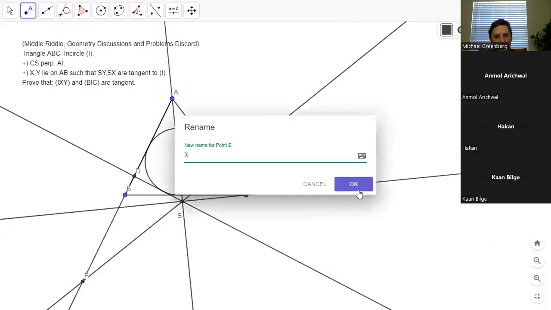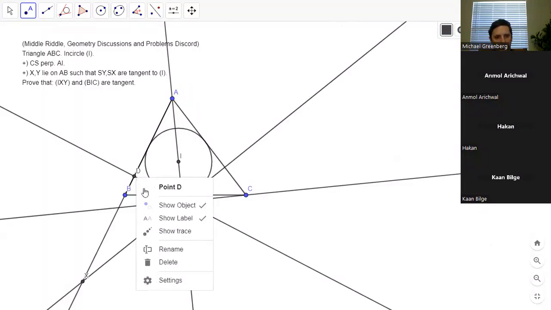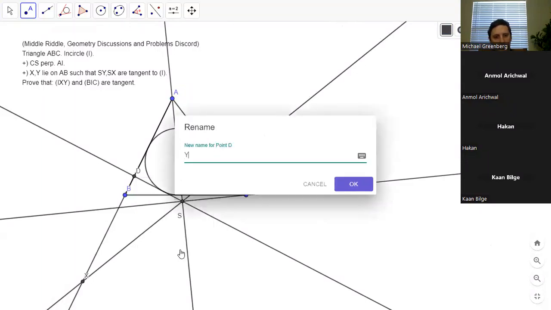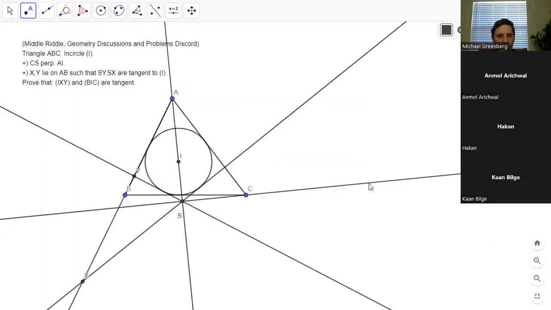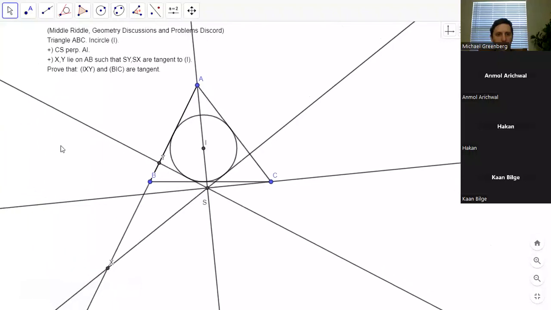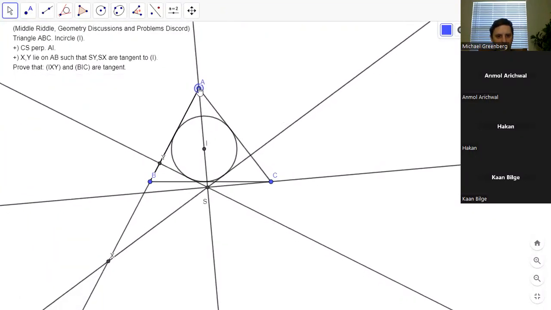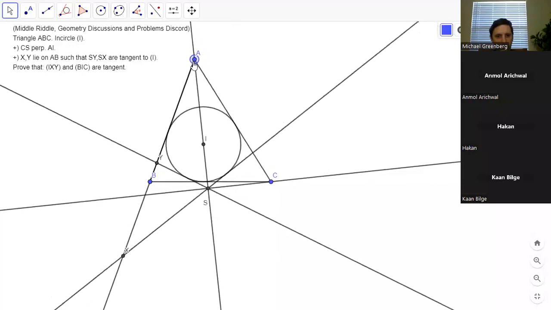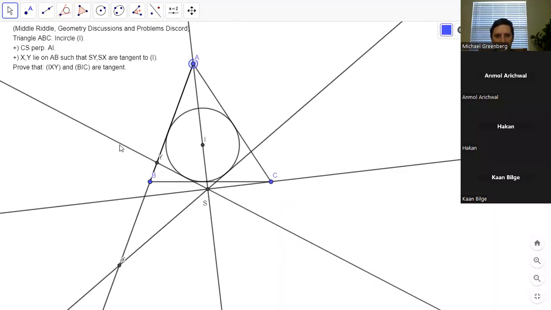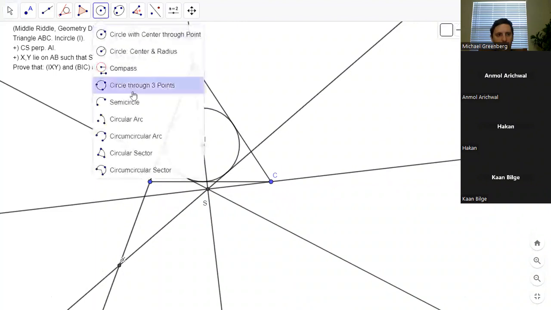Call this X and this Y. And we want to show that the circumcircles of IXY and BIC are tangent. So BIC, that passes through the X center. Okay, I kind of like that diagram.